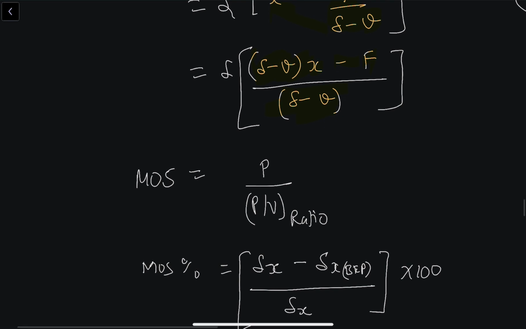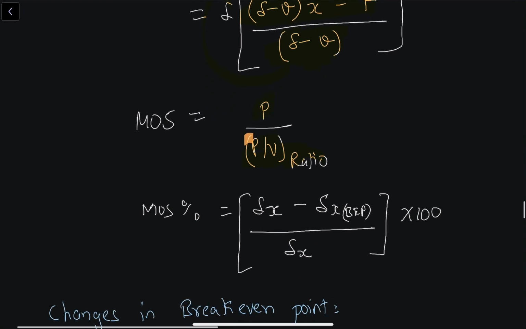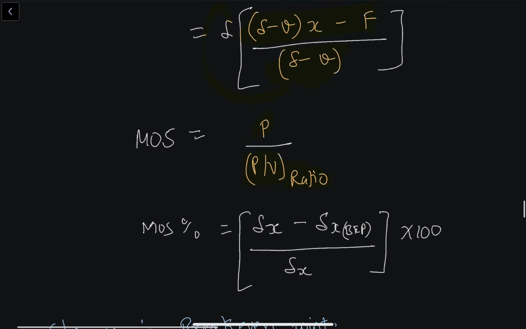If I take this delta minus V down, this will be your PV ratio, and the top is nothing but your profit. So I can write it as profit by PV ratio. That's the whole idea.